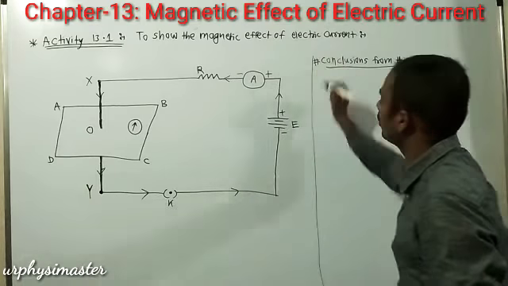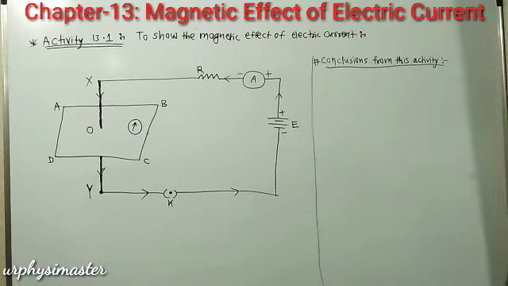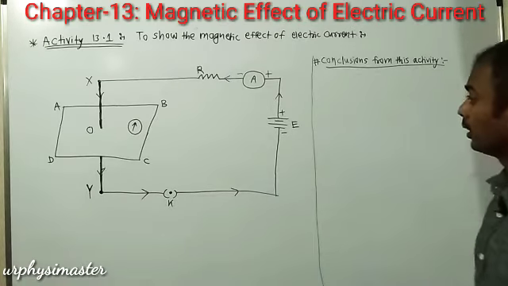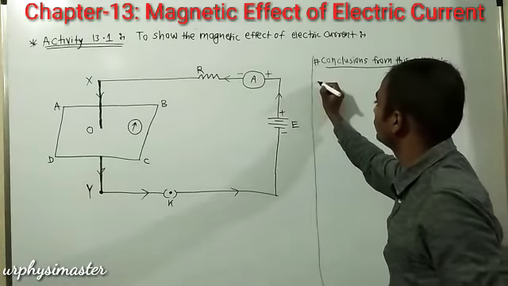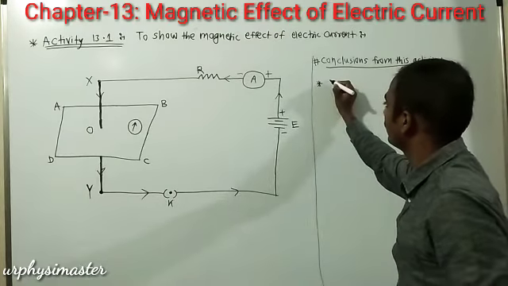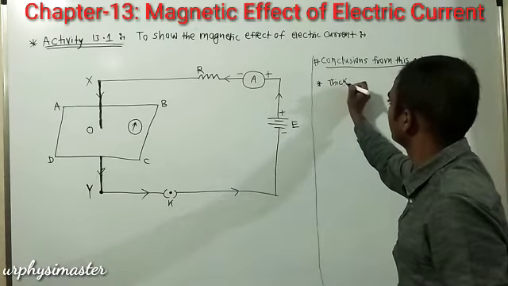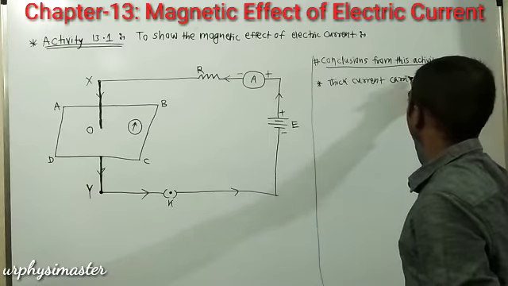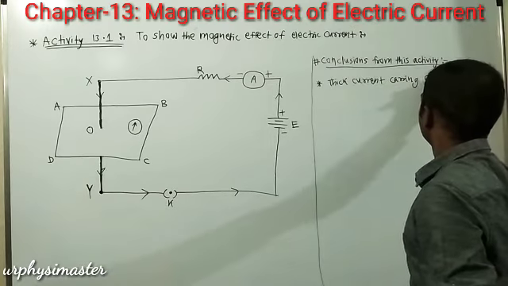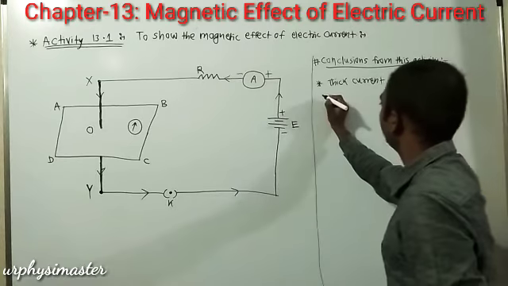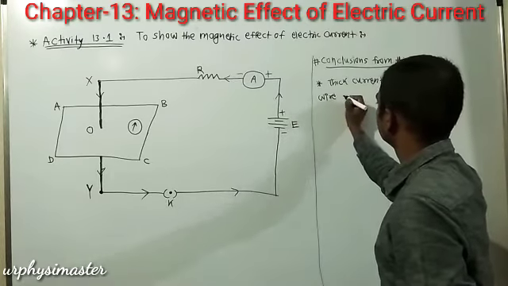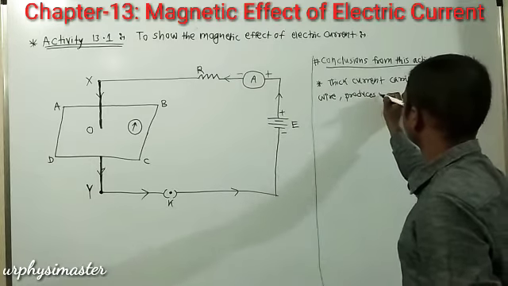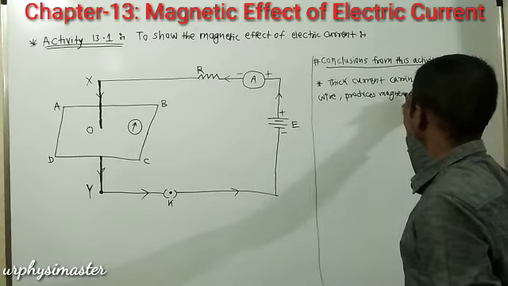What we can conclude from this activity is that this thick current carrying copper wire produces magnetic field.